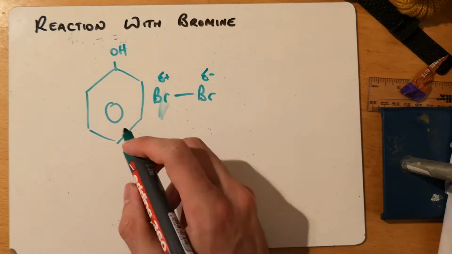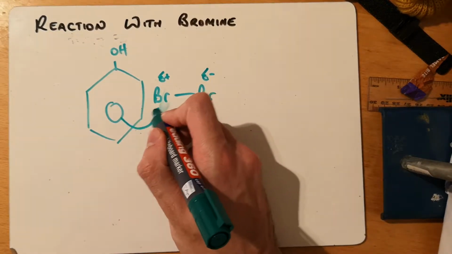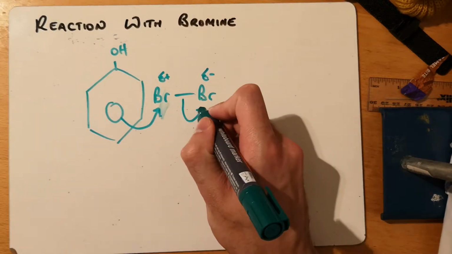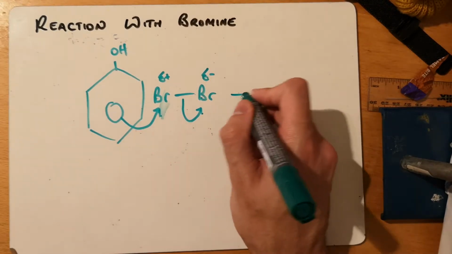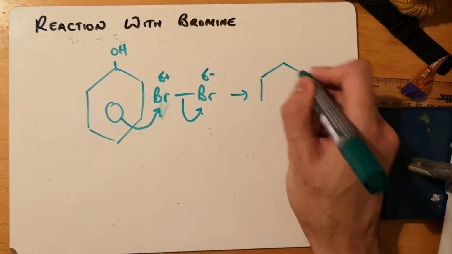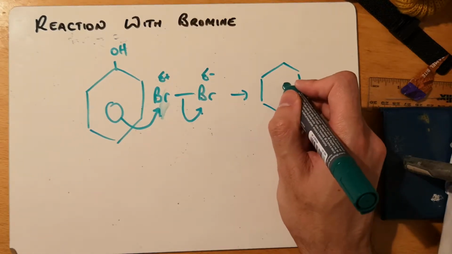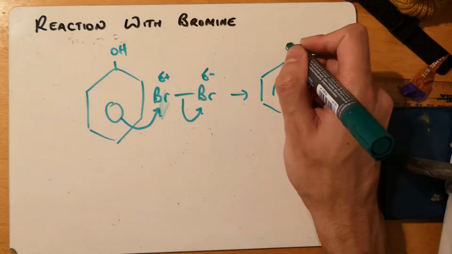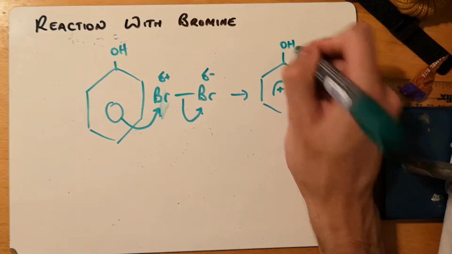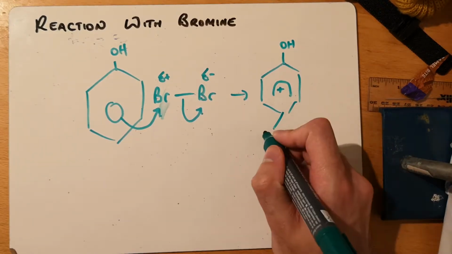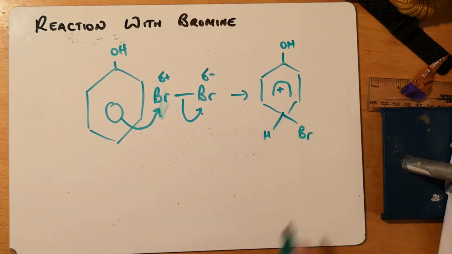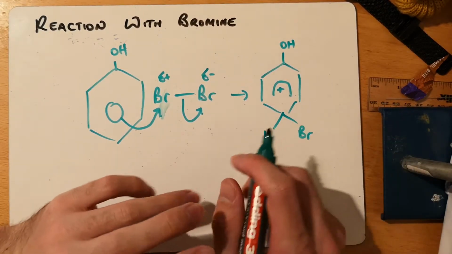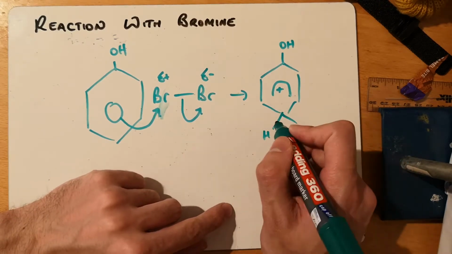It does get induced, so we get a pair of electrons grabbing hold of that bromine, and the pair in that bond going into the Br minus, which gives us H and Br. I specifically put it on the 4 carbon, and in the next video we'll see why.